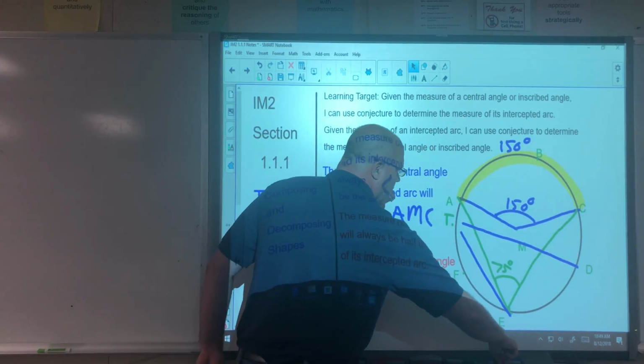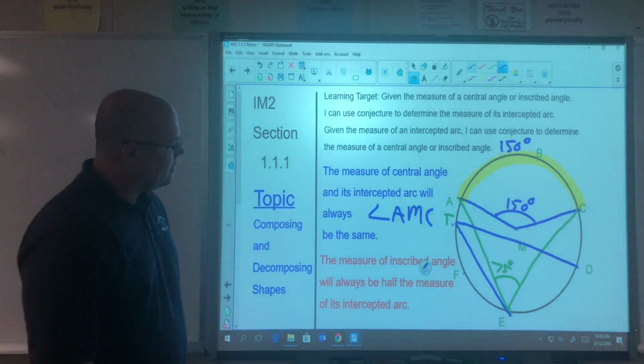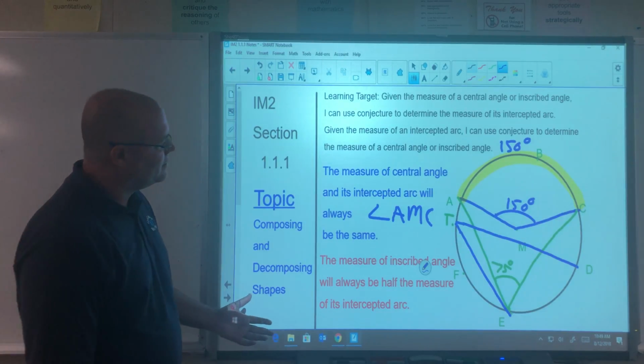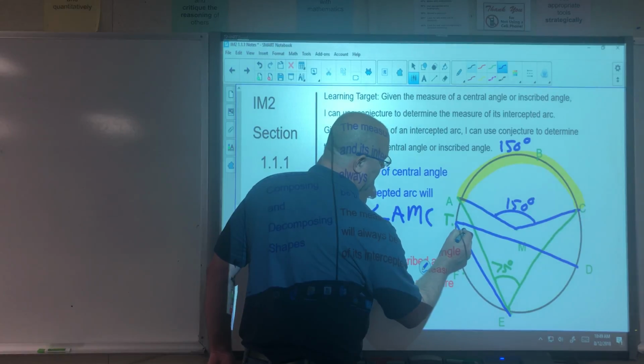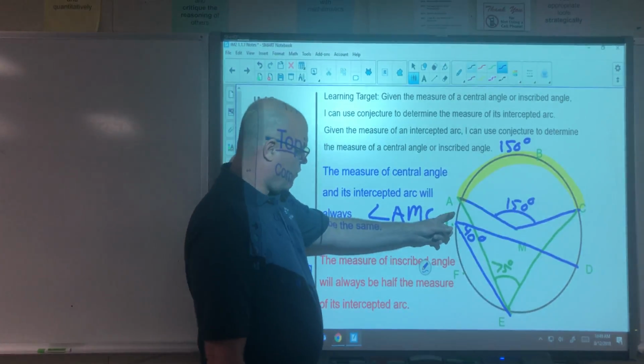So I have my inscribed angle here. That looks like an acute angle for sure. Let's call it 40 degrees. Okay? The inscribed angle is 40 degrees.